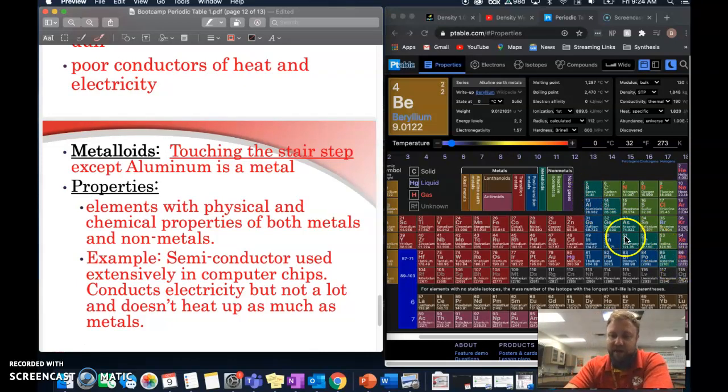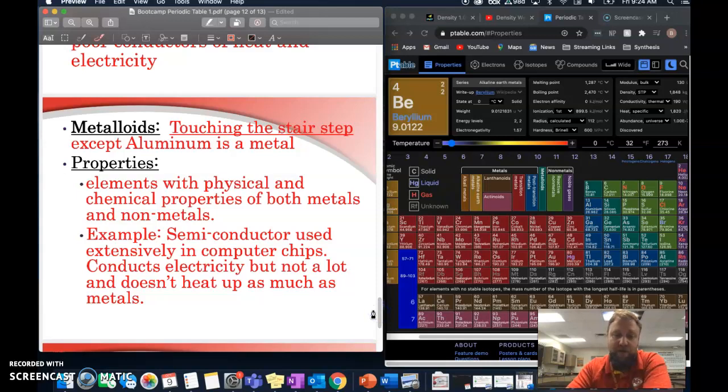These are all of our metalloids. These have properties of both metals and nonmetals. The best example I can give is silicon, which can conduct electricity but doesn't heat up as much as a metal, so that's why we use it in computer chips.